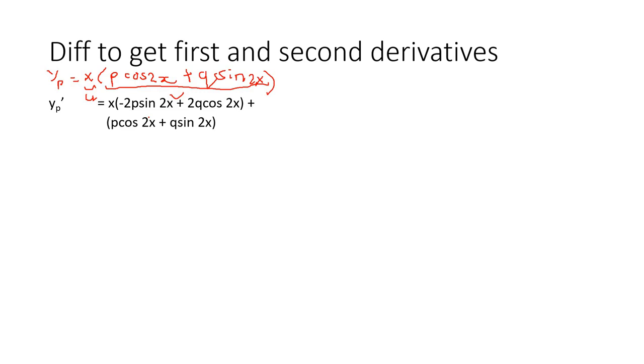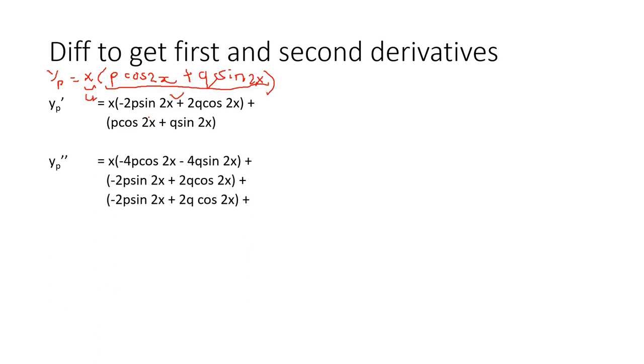And then differentiate one more time to get your second derivative. For the first term, again you need to use the product rule. This is u, this is v. So you have u, which is the x, times v prime. Differentiate sin 2x, you get 2 times cos 2x, 2 times negative 2p, so negative 4p cos 2x.